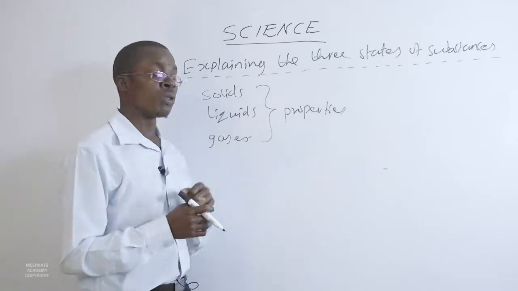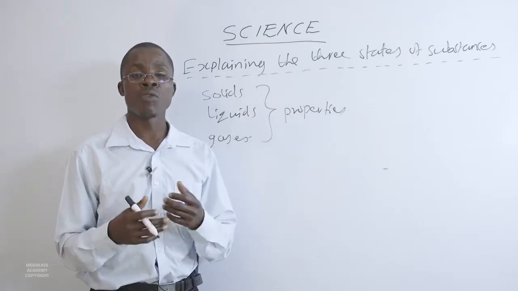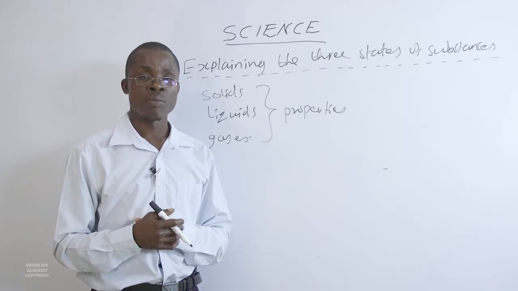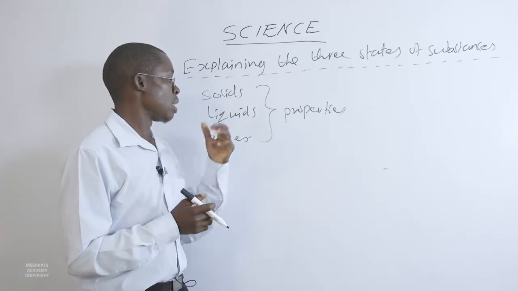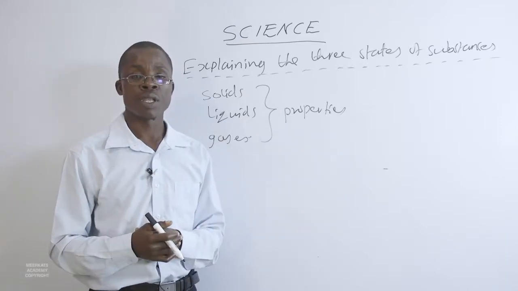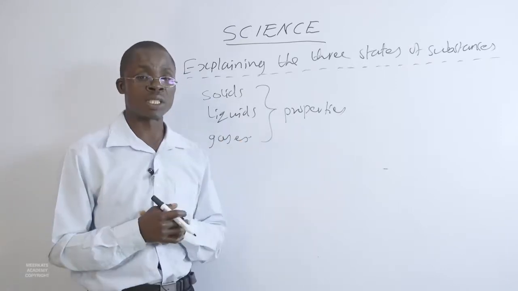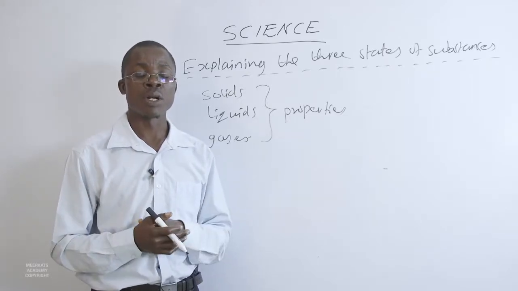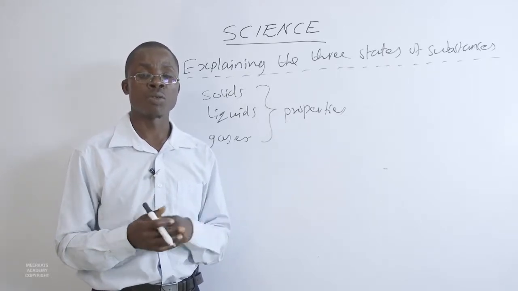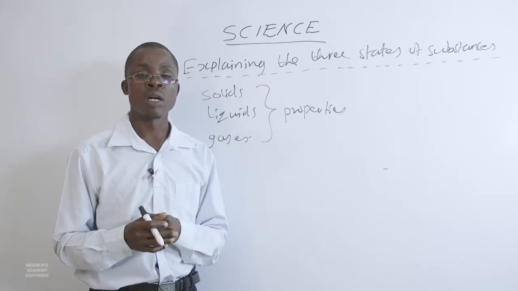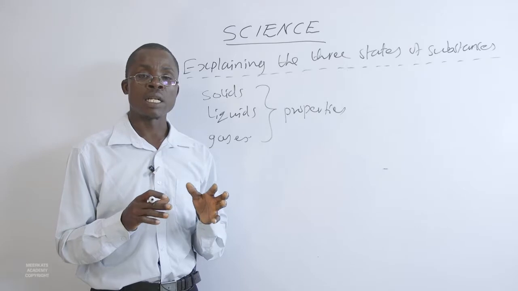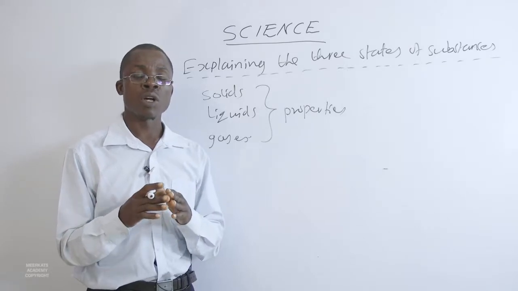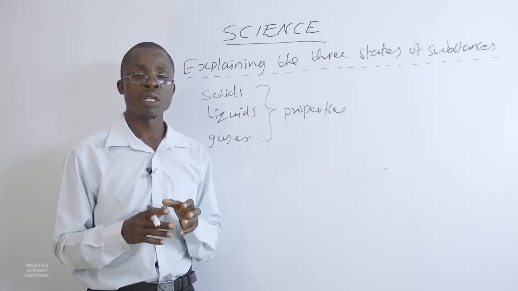For liquids, we say that particles can move around. Particles roll over each other. Because of that, a liquid can be poured, but a liquid cannot be compressed, apart from a special one like water, which can either be compressed or expanded depending on the temperature.